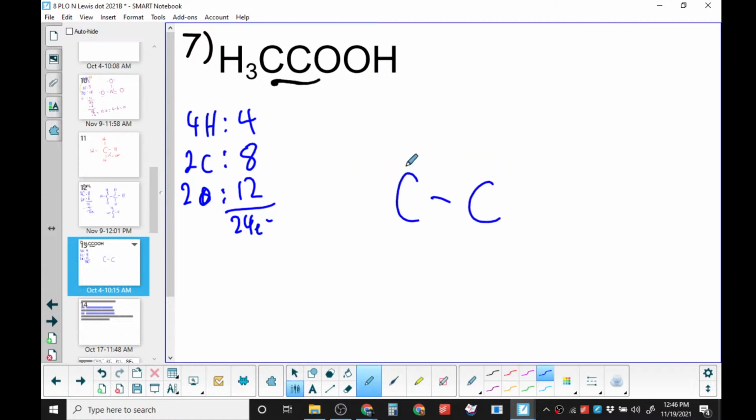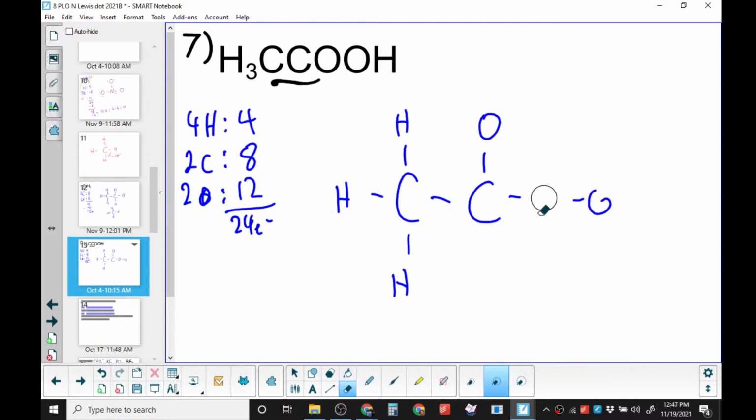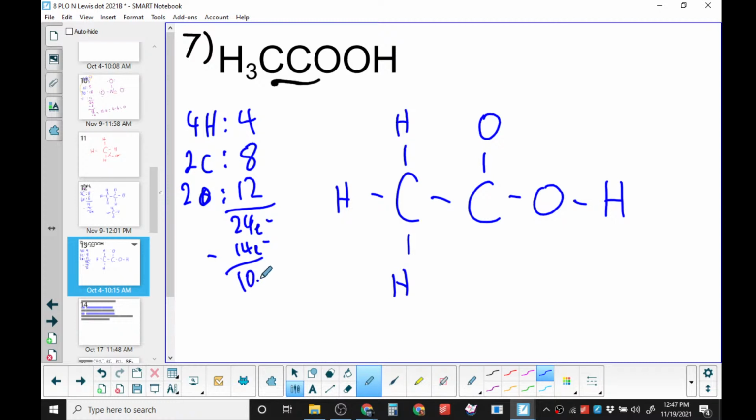So, this is the overall structure. And then we'd count the bonds. 1, 2, 3, 4, 5, 6, 7. So minus 14 electrons. I've got 10 left over.